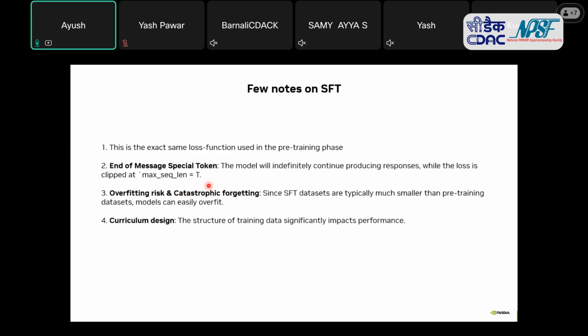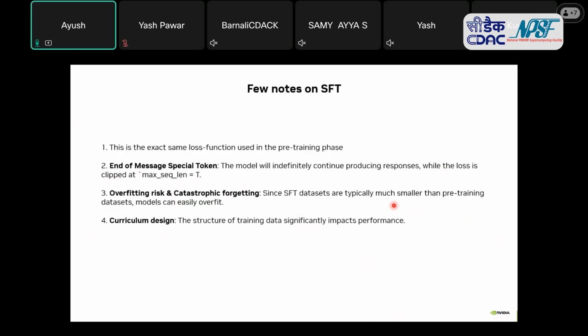So there is this maximum sequence length flag which helps to constrain the model to stop producing responses, and the loss is clipped at this particular Tth token. In the ground truth, we have a special end of message token that helps the model understand that it has to stop at this particular length, and then the loss is only calculated for these many tokens.